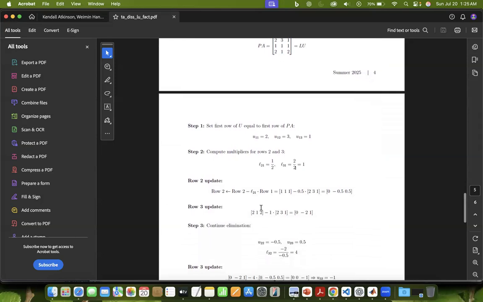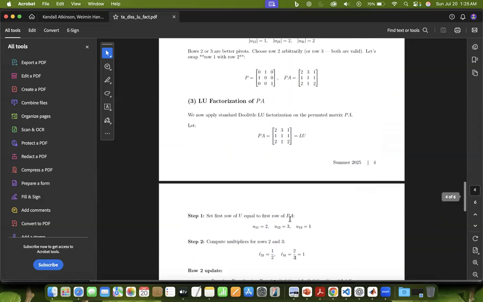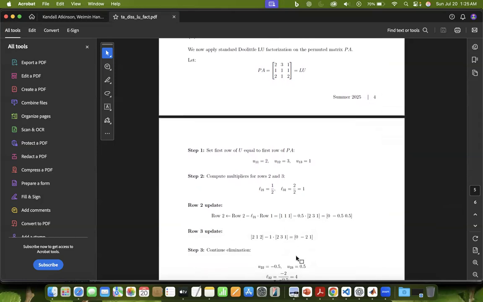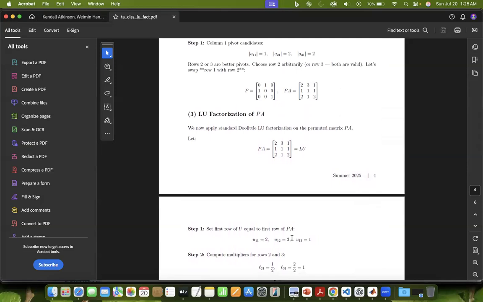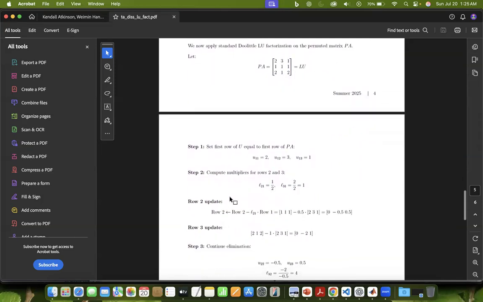So row 3 equals row 3 minus L31 times row 1.